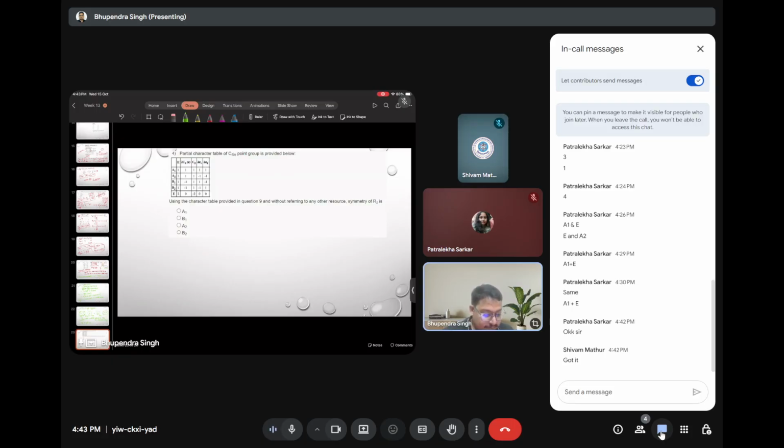Using the character table provided in question 9, without referring to any other resources, the symmetry of RZ is... Symmetry of RZ means rotation along the Z direction.